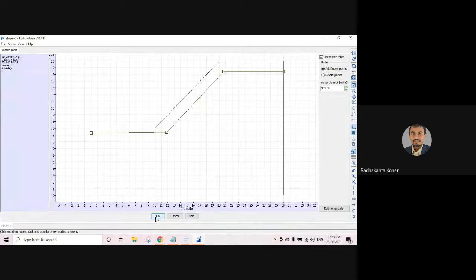But a field engineer may ask you a very important question: how have you assessed that the phreatic line lies in that exact zone? The answer is, I don't know. It is very difficult to assess.